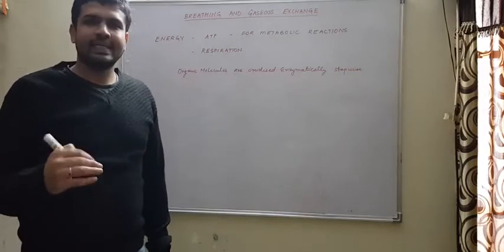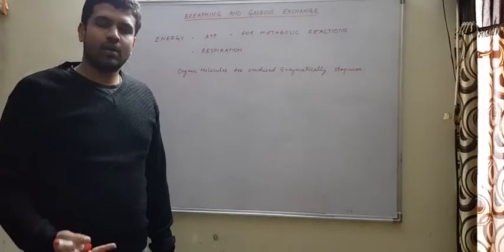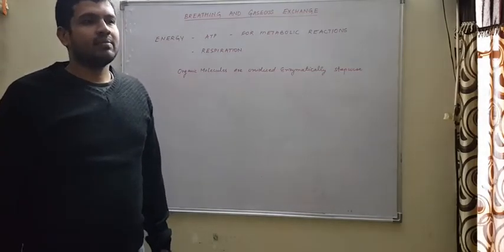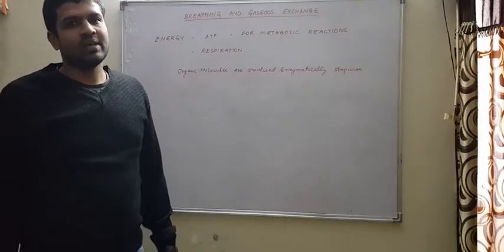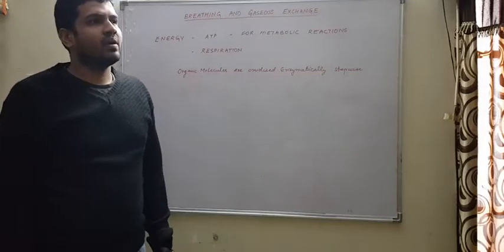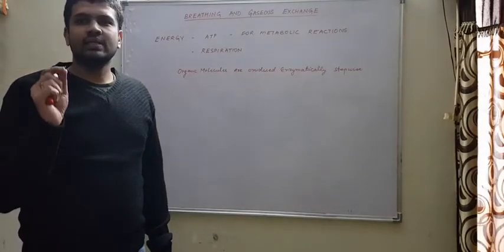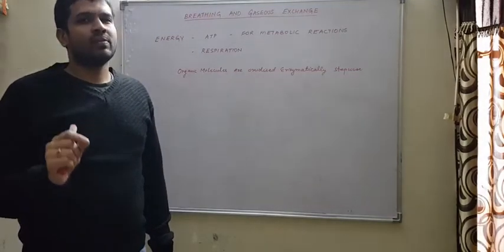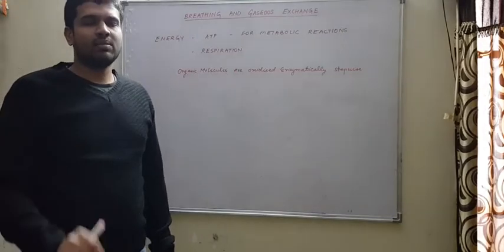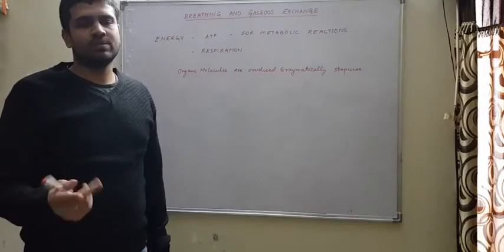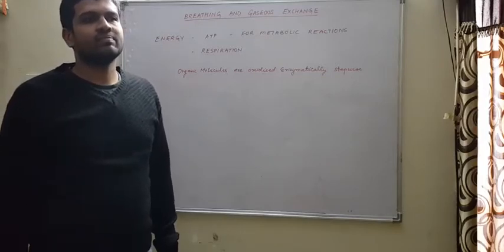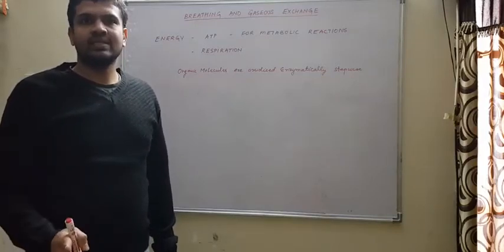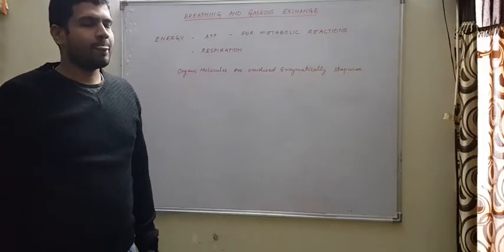That food is digested, absorbed, carried via blood and stored in different parts of your body. It is absorbed in the form of simple molecules like glucose, monosaccharides, amino acids, and glycerides.